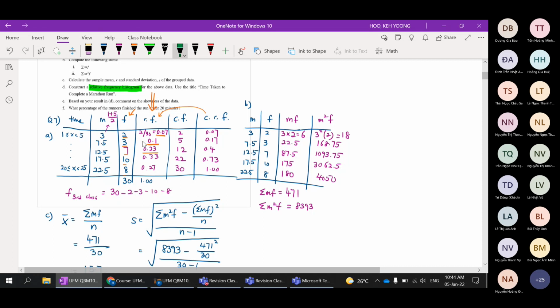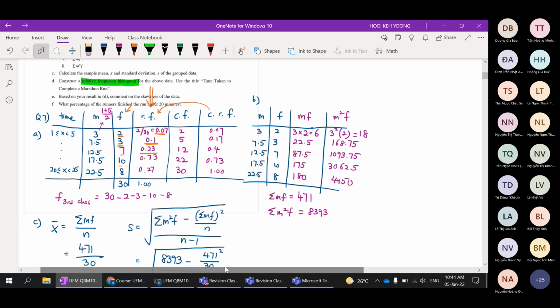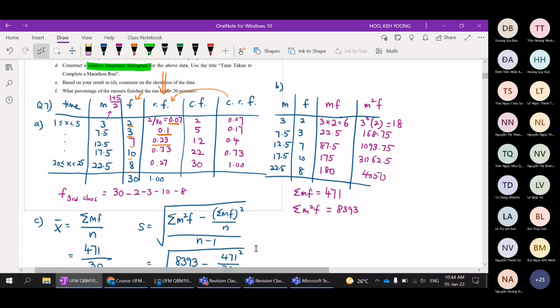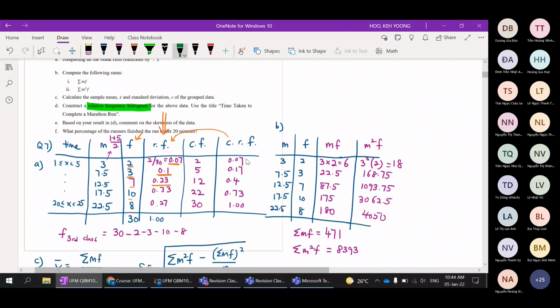If you look at the table, we will look at the last column, the cumulative relative frequency. 0.07. What does 0.07 mean? If we convert to percentage, we times 100, that means 7%.